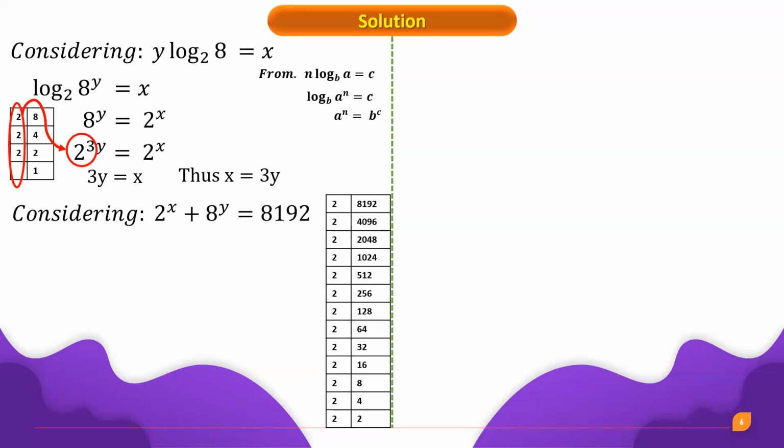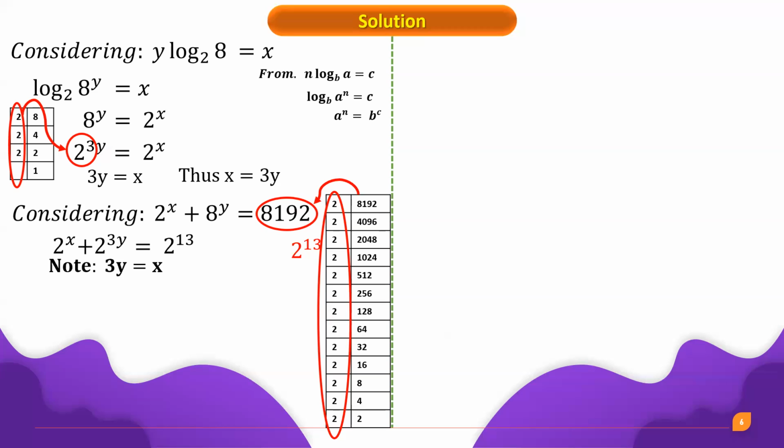When you factorize 8192, we get 2 power 13. That is by factorization. Now let us go back to our equation and factorize and get the powers. So you have 2 power x plus 2 power 3y, because when you factorize 8, you get 2 power 3, is equal to 2 power 13 from the number 8192.